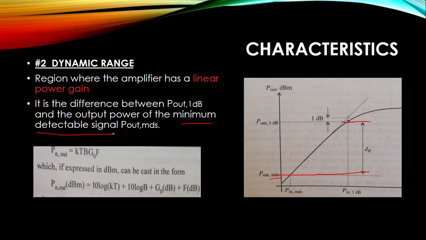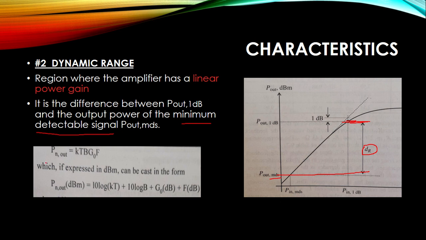Since RF covers a very high frequency range, a very small value is difficult to detect. Therefore we consider the minimum detectable range which the RF device can detect, and from there till a range where my amplifier behaves linearly, we consider that to be the dynamic range of the given amplifier.